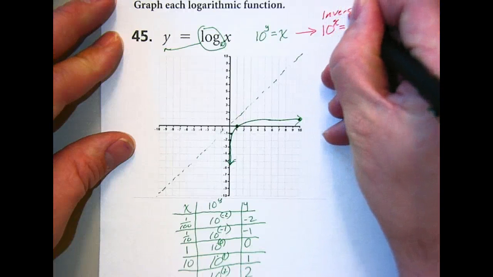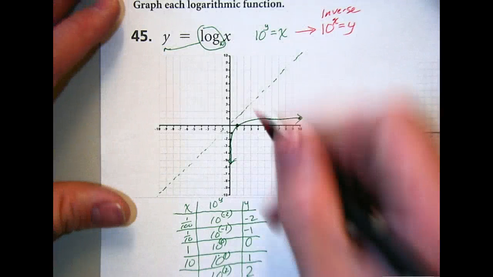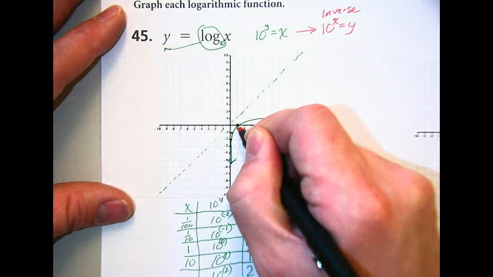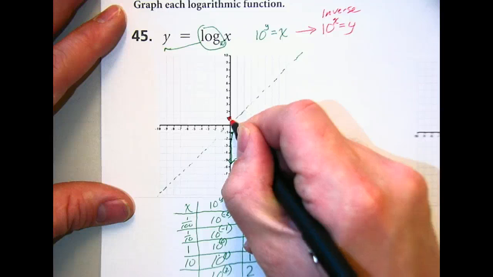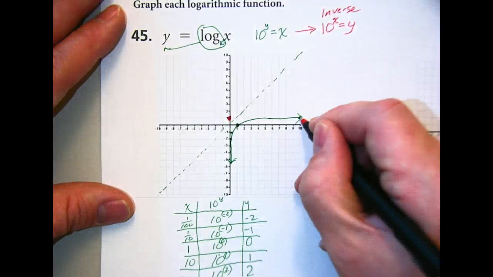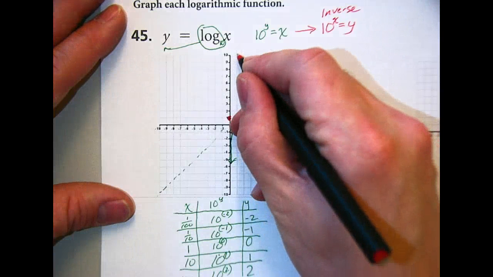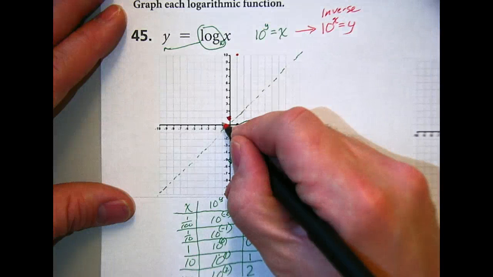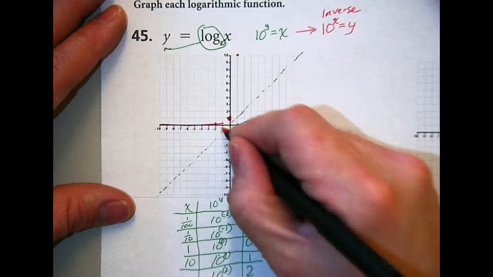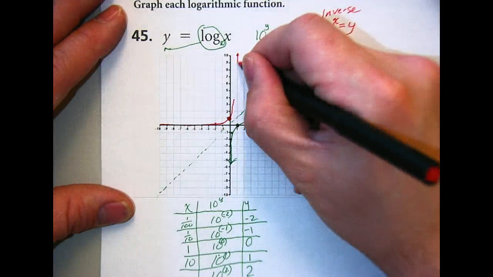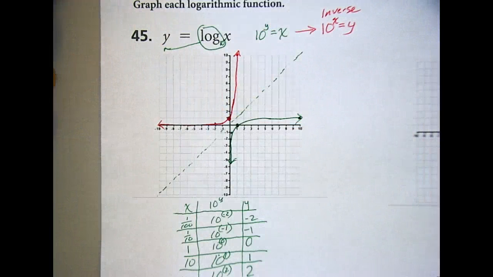So, not part of the problem, but so you can relate it, this point that was at 1, 0 would now be 0, 1. And this point that is at 10, 1 would now be at 1, 10. And these would reflect accordingly. And the exponential of this would look like that guy there. It's a reflection over that line.